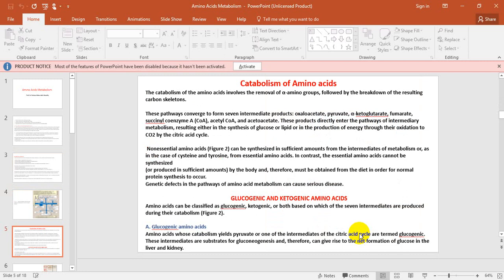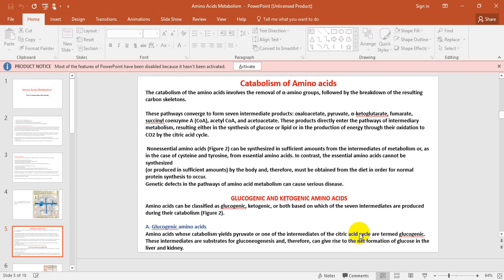Catabolism of amino acids involves removal of the amino group followed by breakdown of the carbon skeleton to produce 7 intermediate products: pyruvate, fumarate, acetyl coenzyme A, acetoacetate, oxaloacetate, alpha-ketoglutarate, and succinyl coenzyme A. Thus, they can enter directly into the synthesis of glucose, lipid, glycogen, ketone bodies, or be oxidized to produce energy and converted to CO2 and H2O by the Krebs cycle.